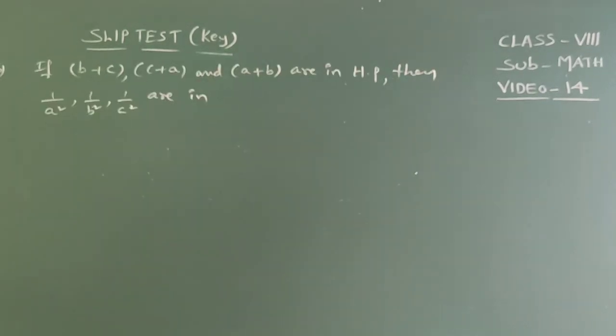My important one, sixth problem. If b plus c, c plus a and a plus b are in HP, then 1 by a square, 1 by b square, 1 by c square are in what?